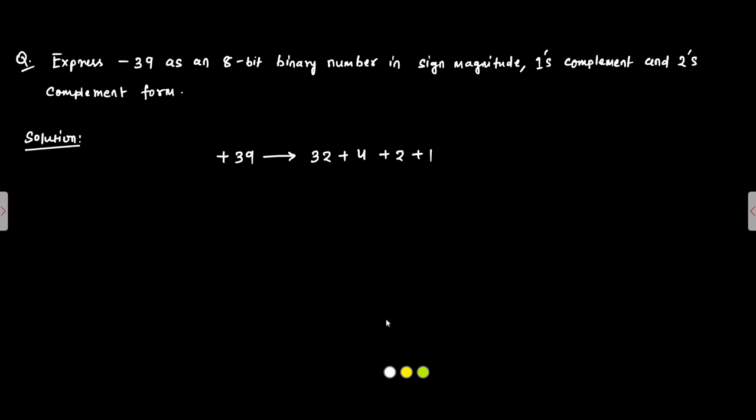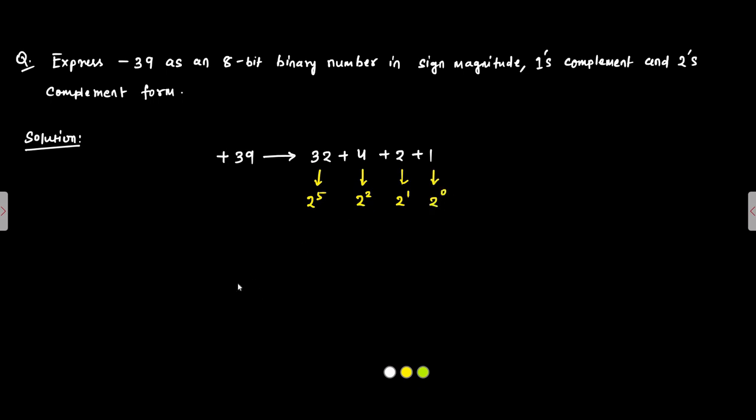So 32 is 2 to the power 5, 4 is 2 to the power 2, 2 is 2 to the power 1, and 1 is 2 to the power 0.